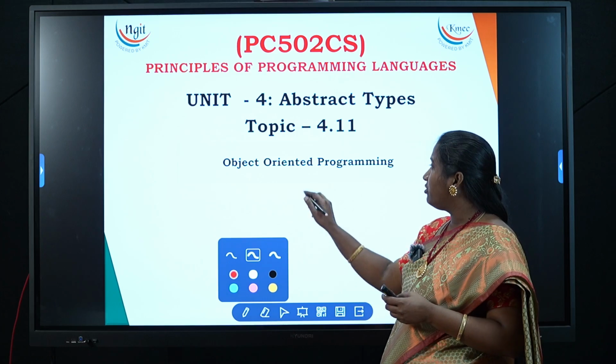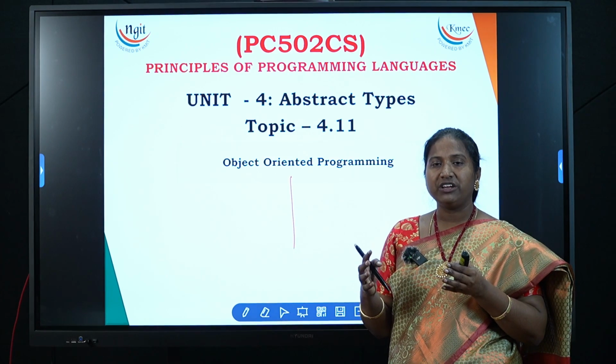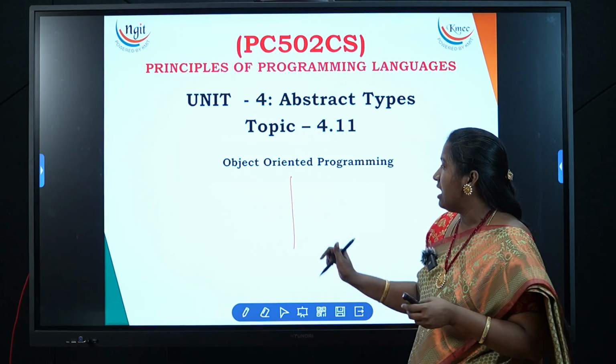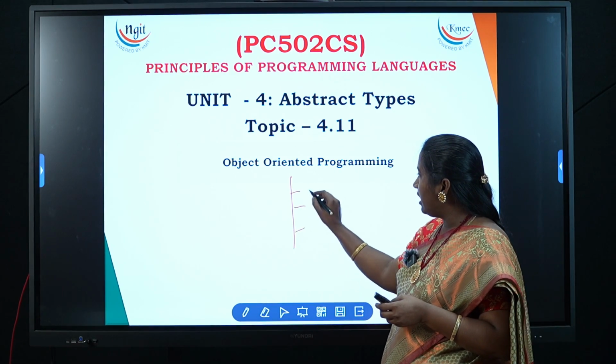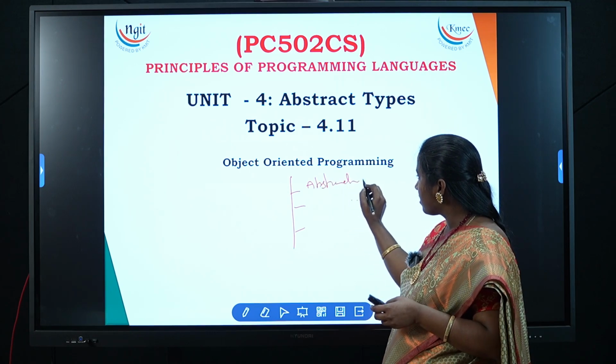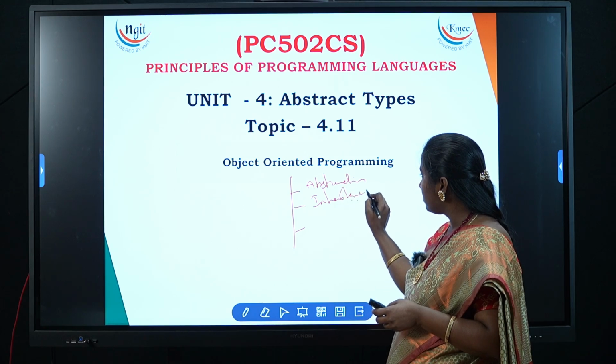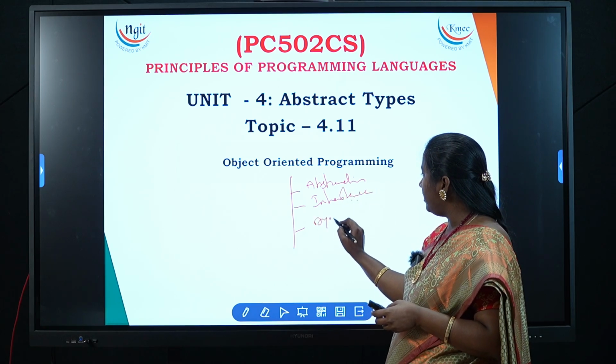But there are three key features that separate the languages into object-oriented. The three key features are what? Abstraction, inheritance and dynamic binding.